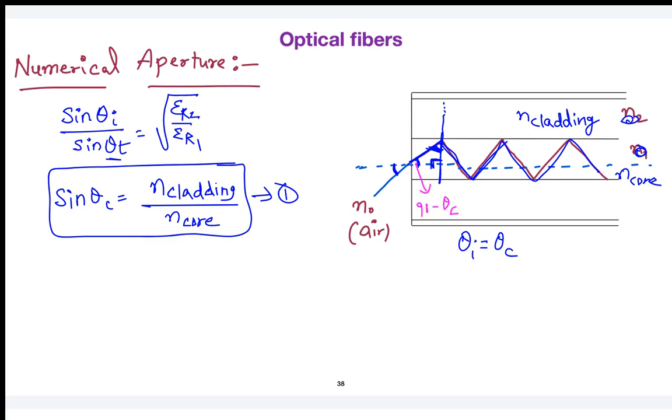Now, I was calling this particular angle theta a, which I can call the acceptance angle. So, what is Snell's law between your air and core?